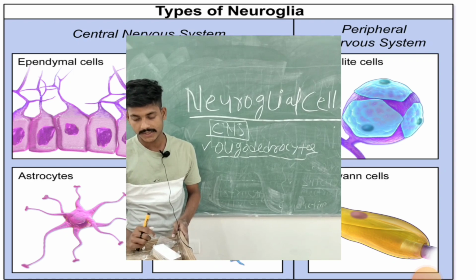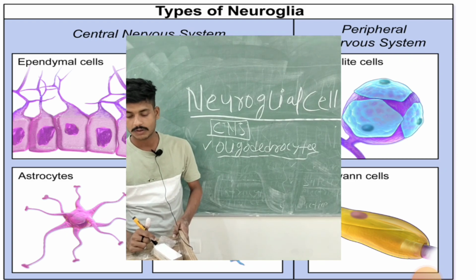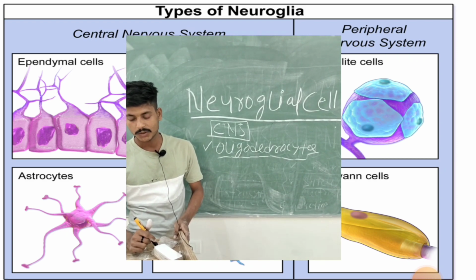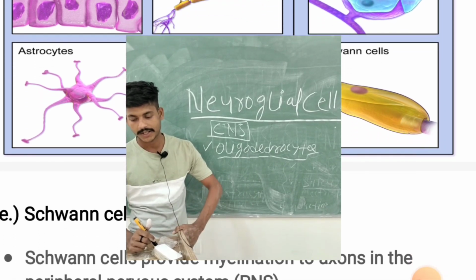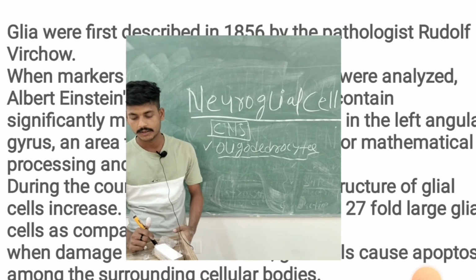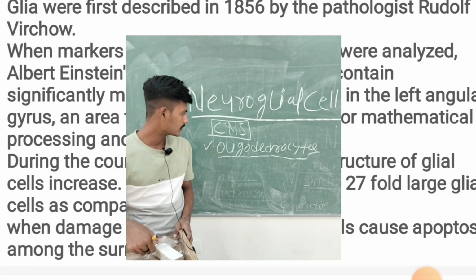Another disease, a genetic disorder, is called leukodystrophy. These are a group of rare genetic disorders characterized by abnormal development or destruction of myelin. Oligodendrocyte dysfunction can contribute to these conditions.